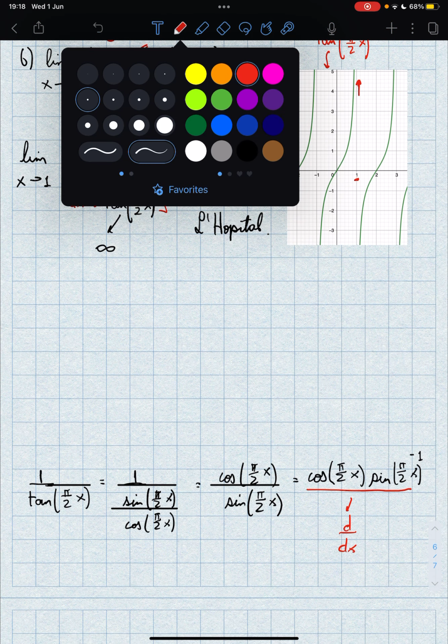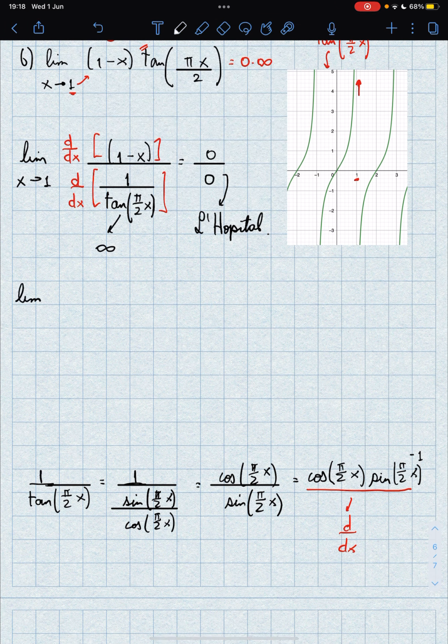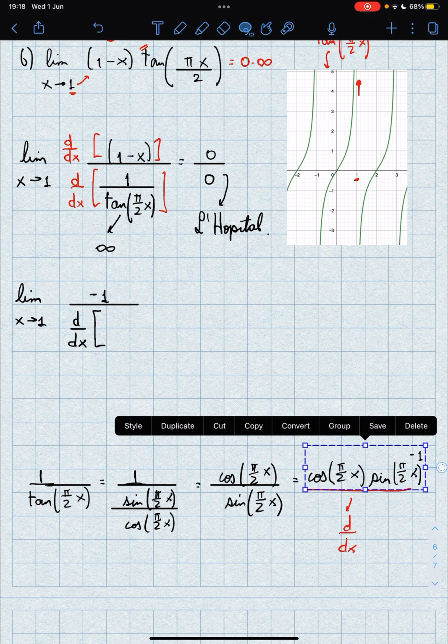So this is the limit when x goes to 1 of this 1 minus x, whose derivative is minus 1. That's it. And I'm going to write d over dx of this expression, so you don't get lost.